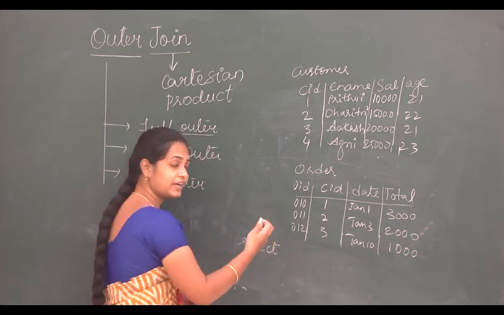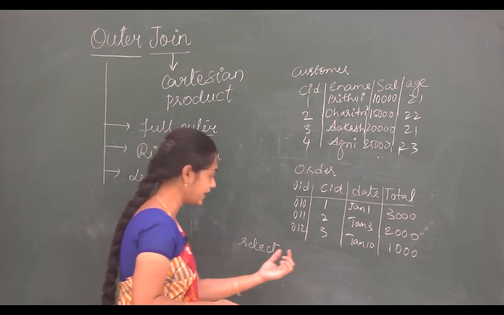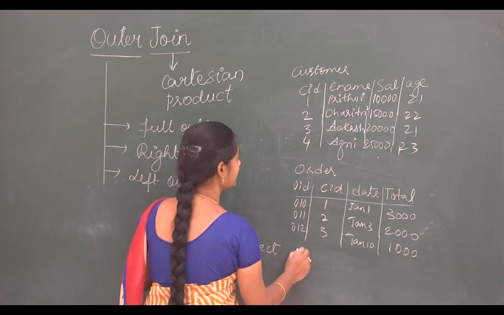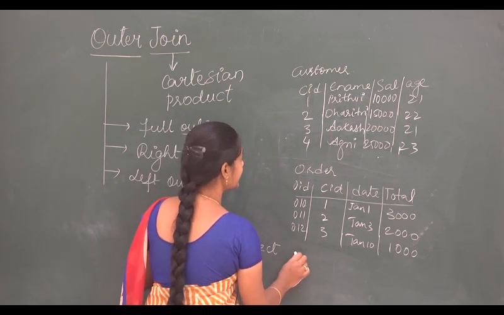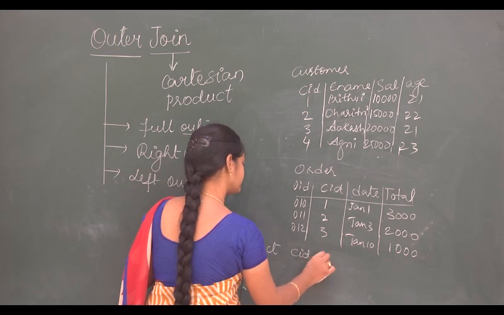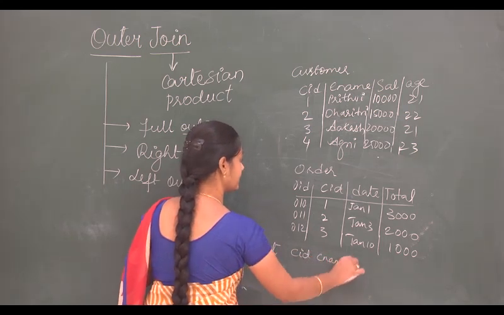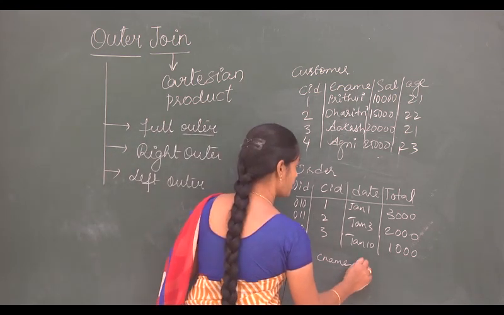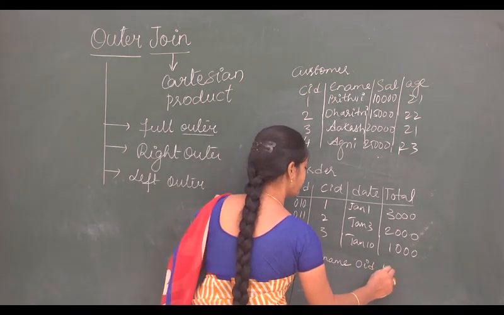What will I write here? Select, whatever attributes we want to select, those attributes you have to mention here. So I will select customer ID, customer name, order ID and total.